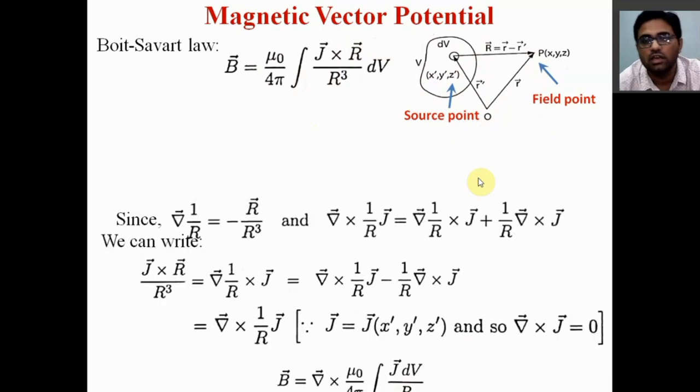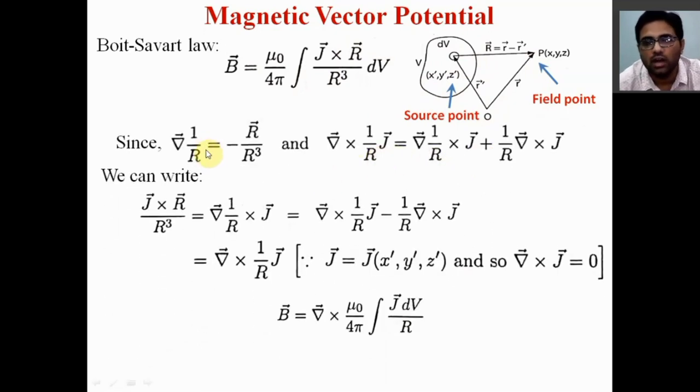Since gradient of 1 by r is minus of r vector by r cube, and curl of J by r is gradient of 1 by r cross J plus 1 by r curl J, we can write J cross r by r cube like this.